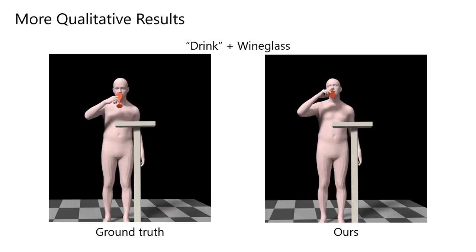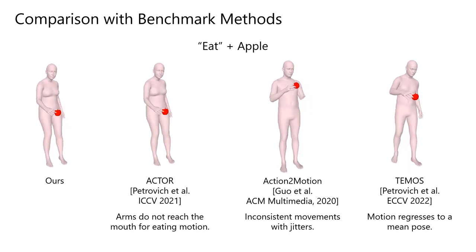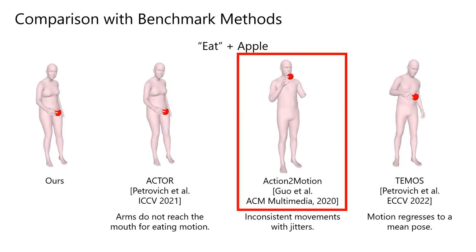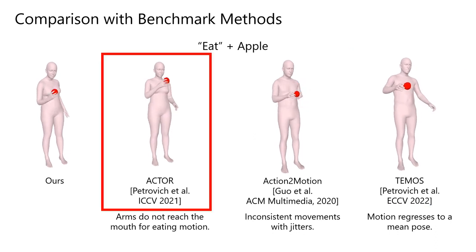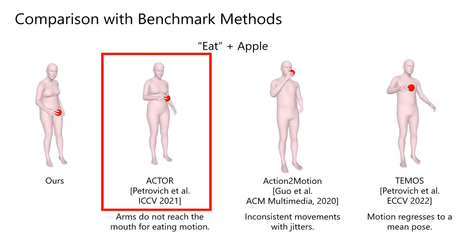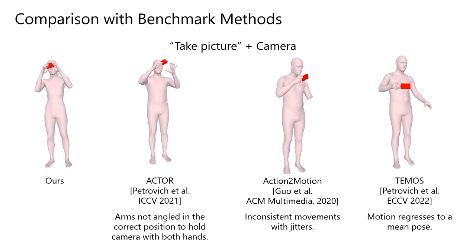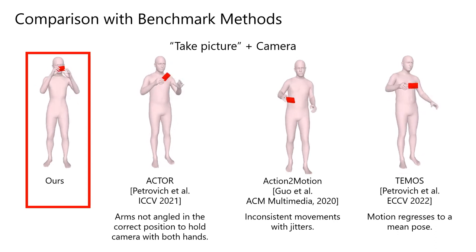We compare our method with benchmark full-body action synthesis methods. We find that the competing approaches are either inconsistent, output jittery movements, or regress a mean pose. ACTOR fails to bring the hand all the way to the mouth. When comparing with the benchmarks for both-handed motions, we see our method shows high accuracy in holding an object with both arms.